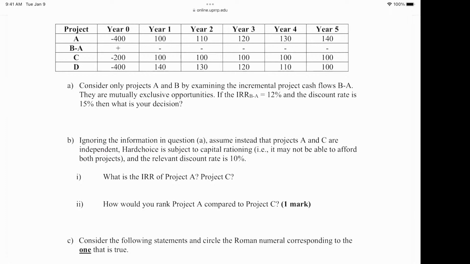D doesn't care if it's a high discount rate because the 140 is the highest cash flow, it comes early. So you can see that they will cross. So the key here was understanding that you have to ignore the information from A.